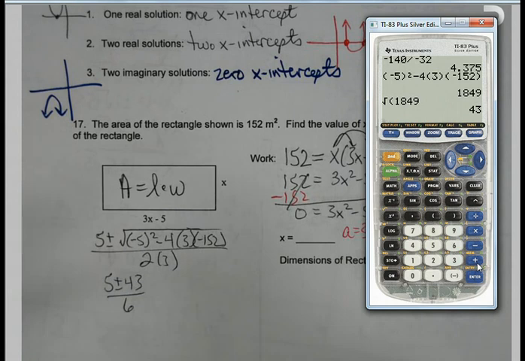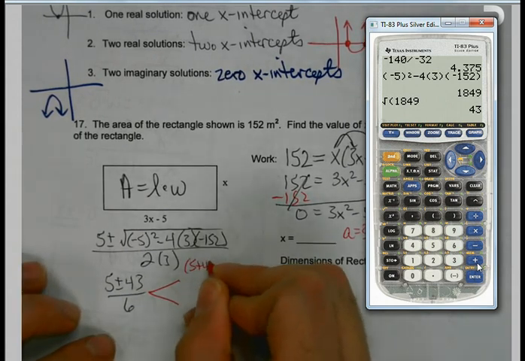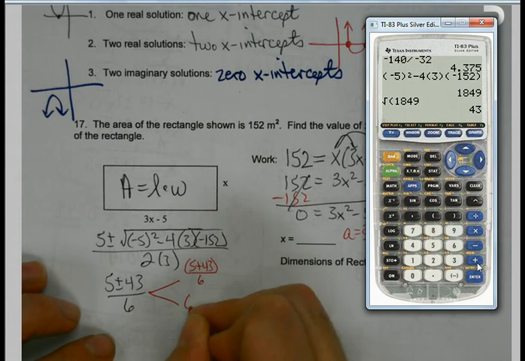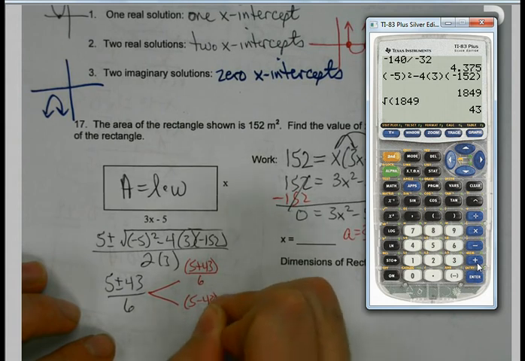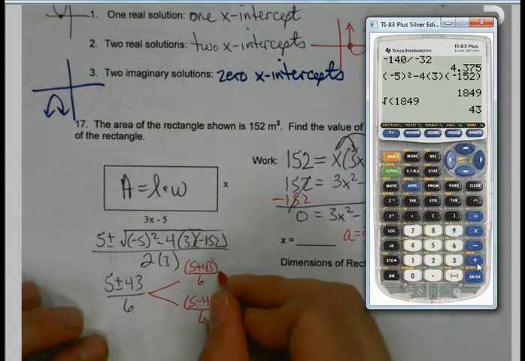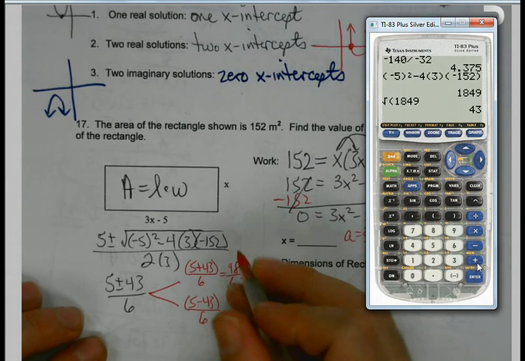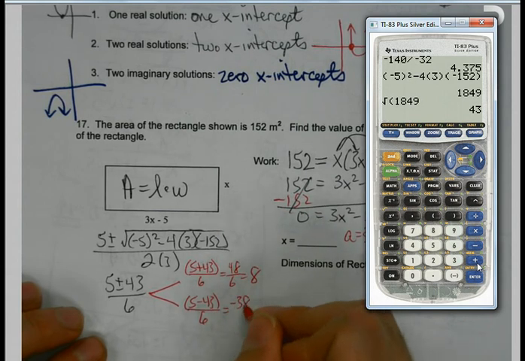And again, I can break that off into its two parts. One that has the plus, one that has the minus. And let's see here. 5 plus 43 is 48. 48 divided by 6 is 8. 5 minus 43 is negative 38.